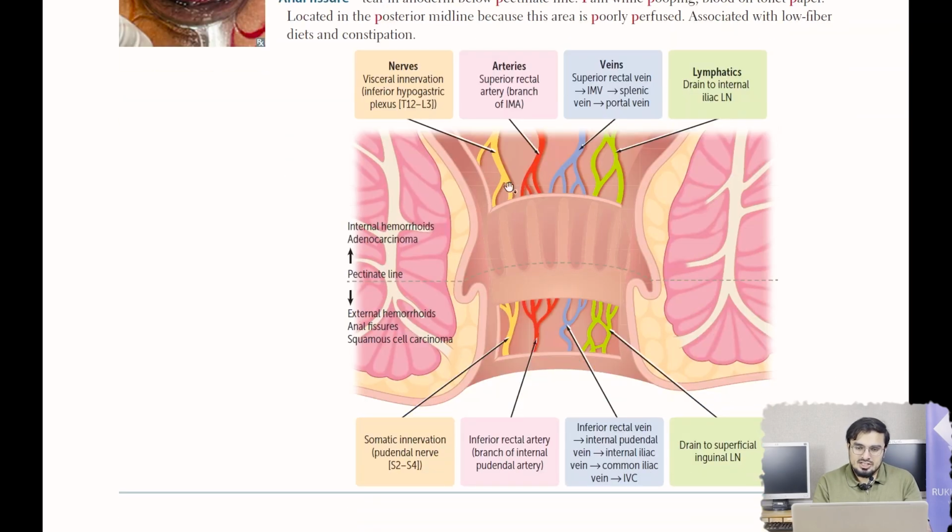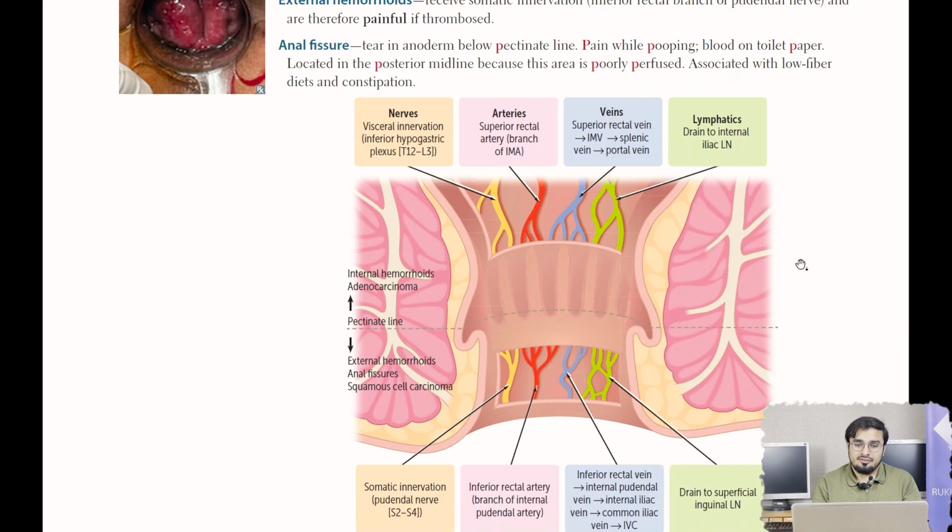Now, these two parts that are being divided by the pectinate line, they have different venous drainage, they have different arterial supply, their histology is different in terms of epithelium, their lymphatics are different, their nervous supply is also different. The definition of hemorrhoids is dilatation of anal venous plexus.